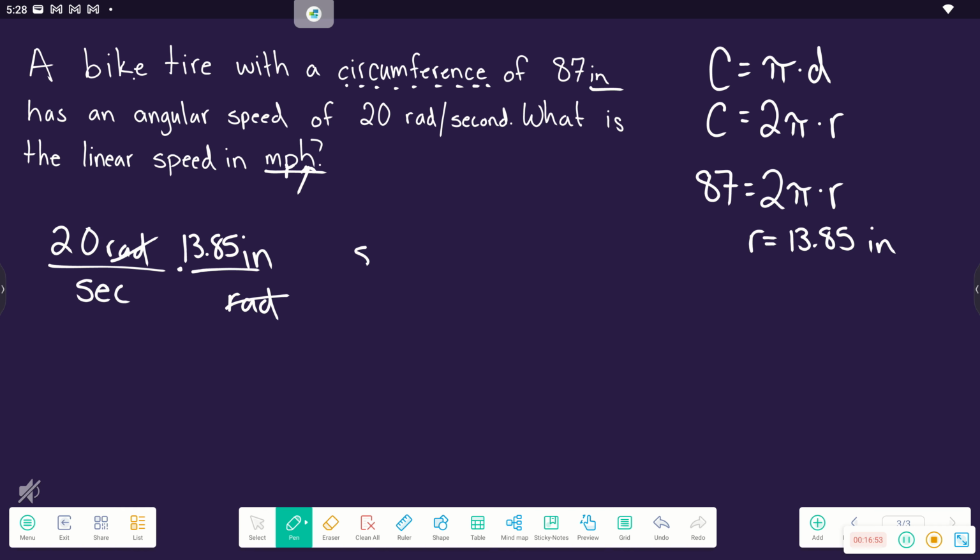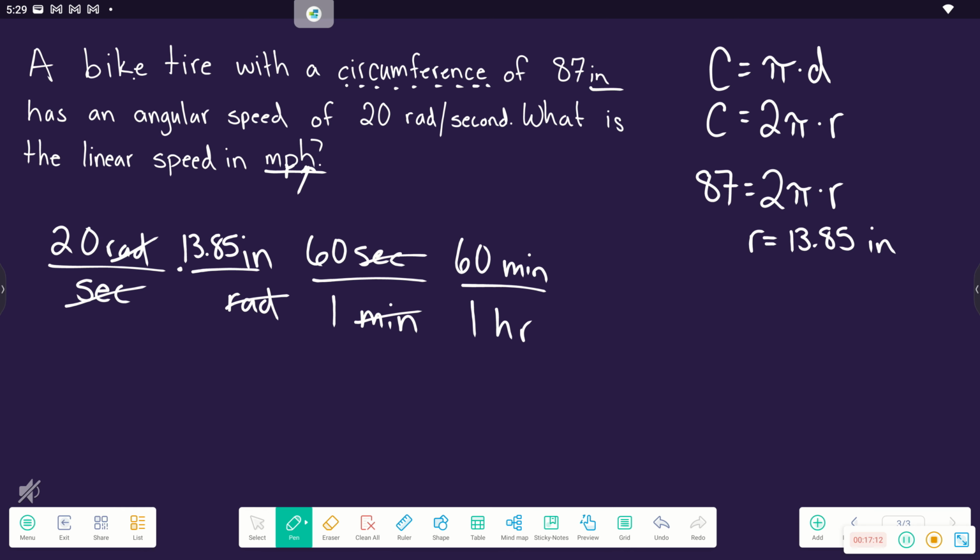Okay, so to get rid of seconds, you can go straight from seconds to hours, or you can do it the long way, which is there's 60 seconds in 1 minute, there's 60 minutes in 1 hour. Okay, so we kind of do a multi-step there to get rid of those, leaving us with hours.